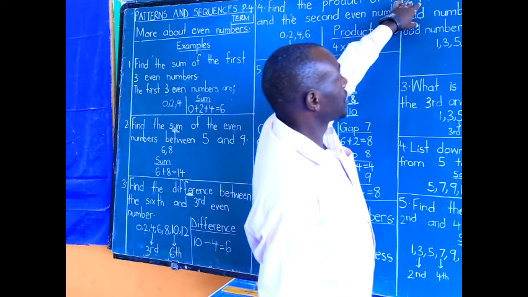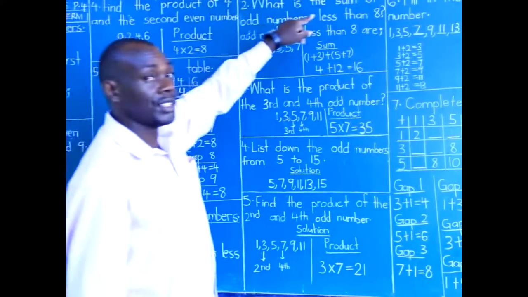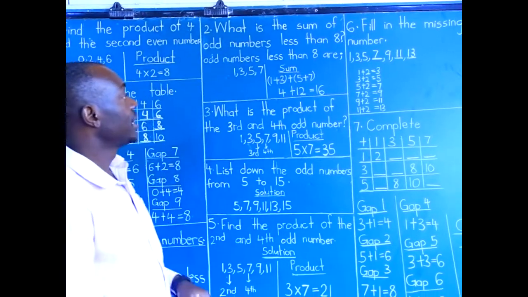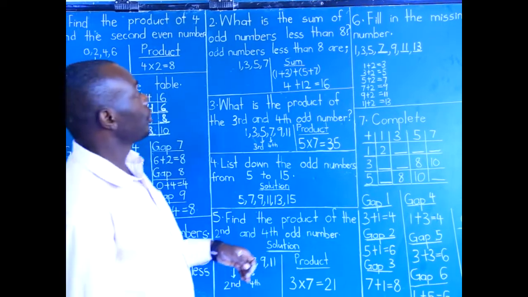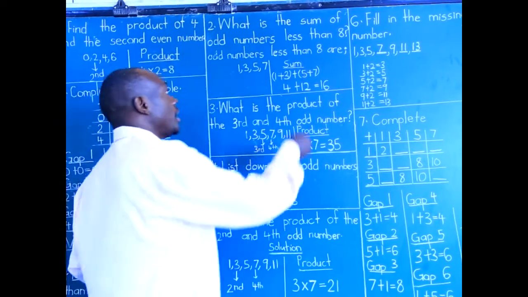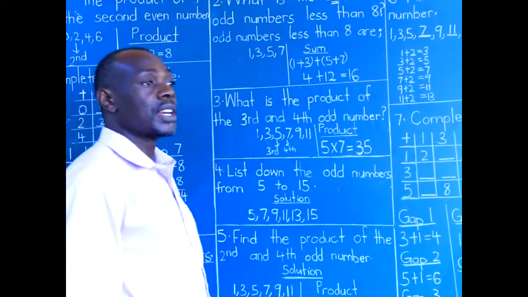Number 2 says, what is the sum of odd numbers less than 8? One must know the odd numbers, and then care about the word sum. What does the word sum mean?